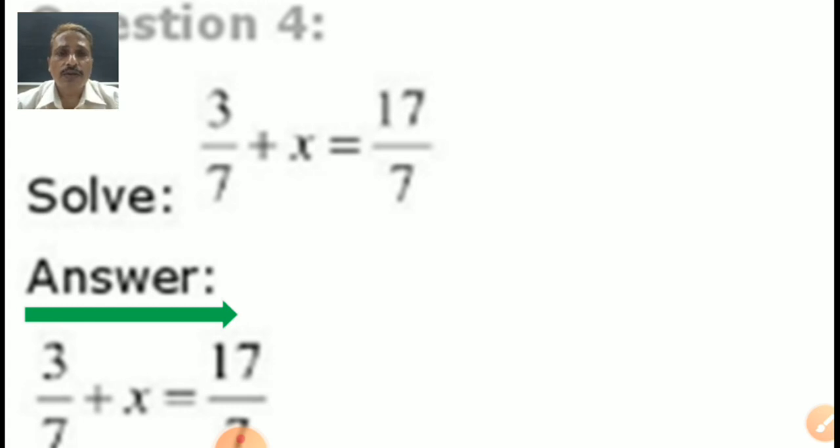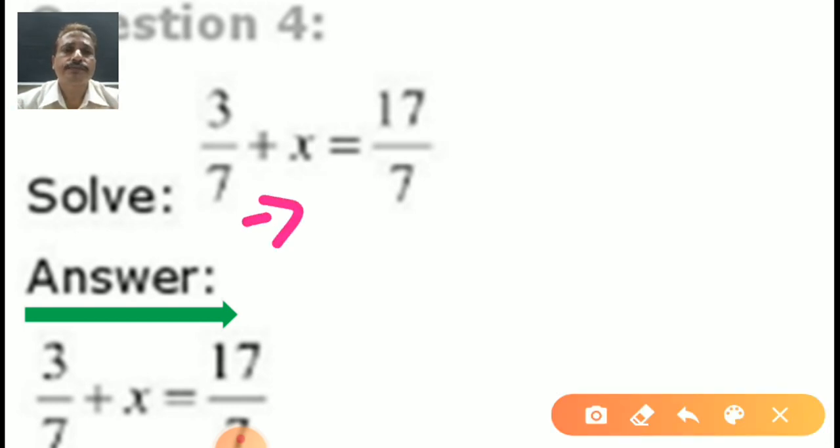Okay, now look here. On the left side you have 3 upon 7 plus x, and it is equal to 17 upon 7. Yes, fractions. Rational numbers. We know how to do these things very well. First step is that we have to move this 3 upon 7 to the right side. So what will be left? Yes, x will be on the left side.